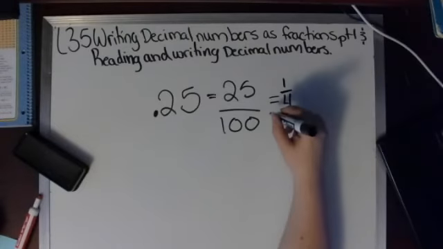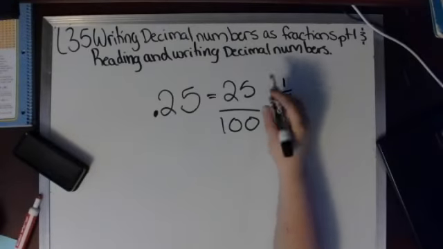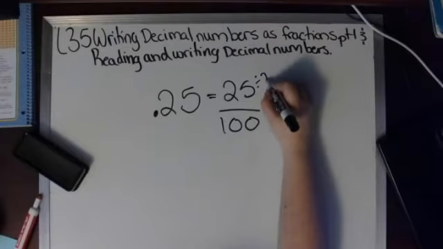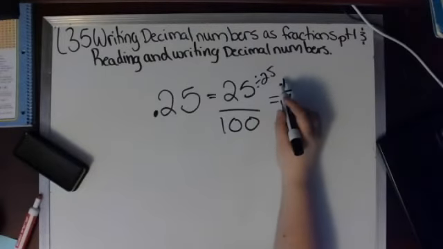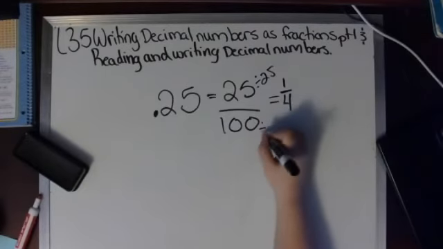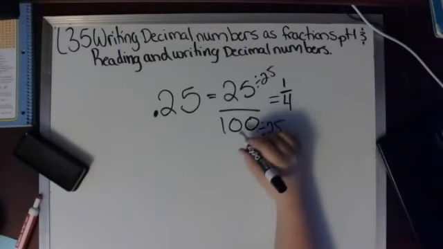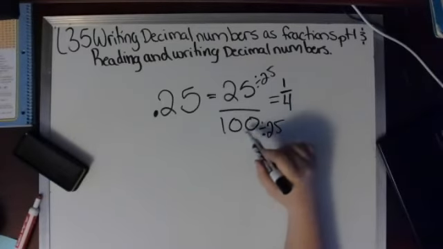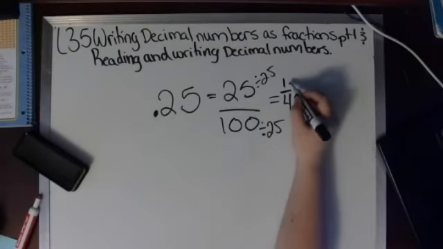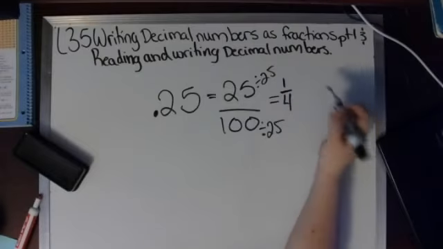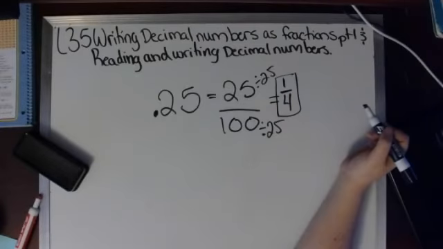If you don't remember that, what you should be able to at least remember is that 25 can be divided by 25, as a number is always divisible by itself, which just makes 1. And 100 is divisible by 25 because I take quarters and 4 of them make 100. So when I divide 100 by 25, there are 4 25s in 100, which I end up with 1/4. Okay, this is my lowest terms.